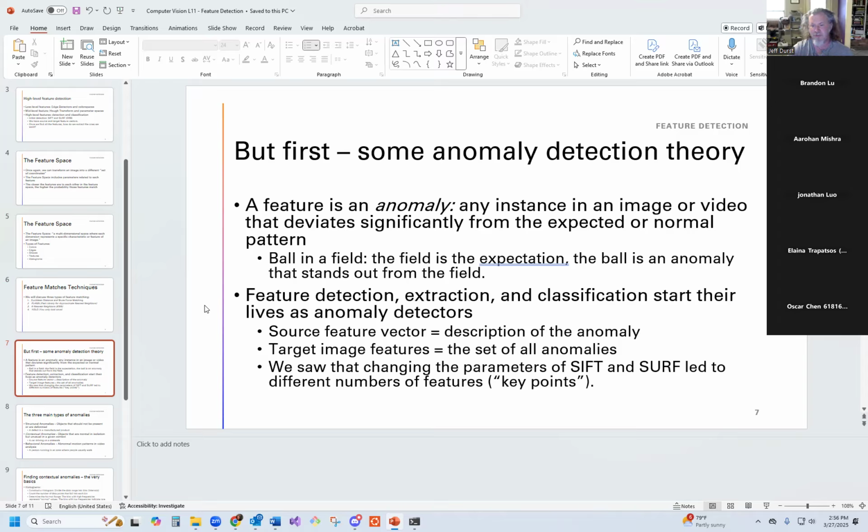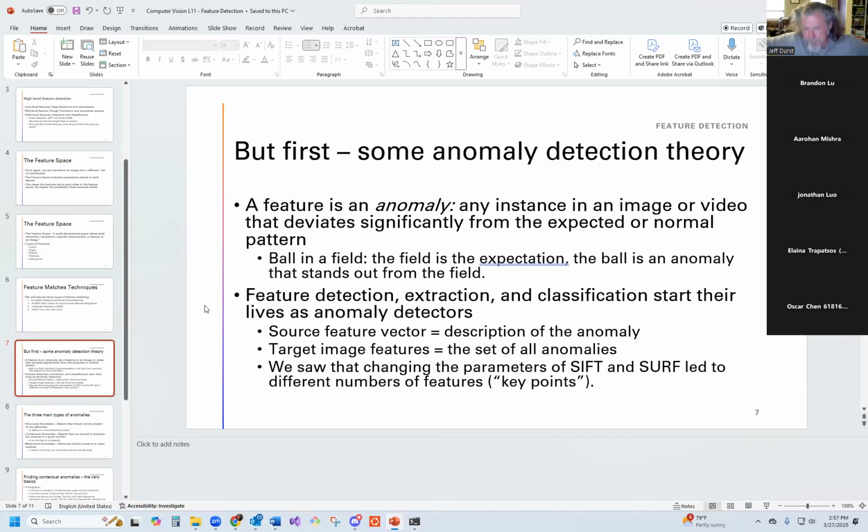They're all sort of birthed into this horrid world as anomaly detectors, and then are made much better and made specific for computer vision. So before we delve all the way into the computer vision stuff, it's worth talking a little bit about the idea of anomaly detection in general and how that has spun out into these detection and classification algorithms.